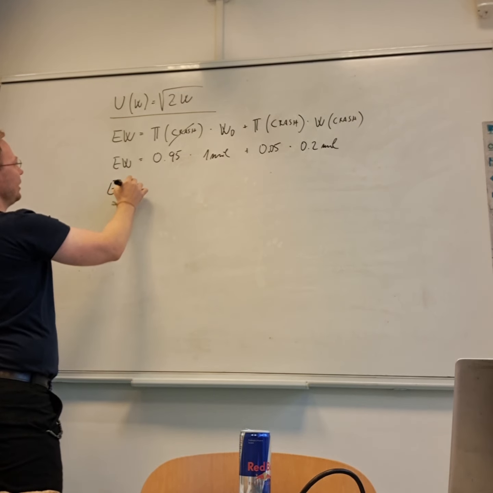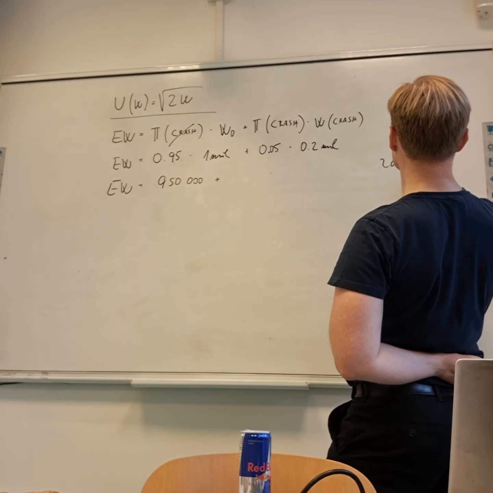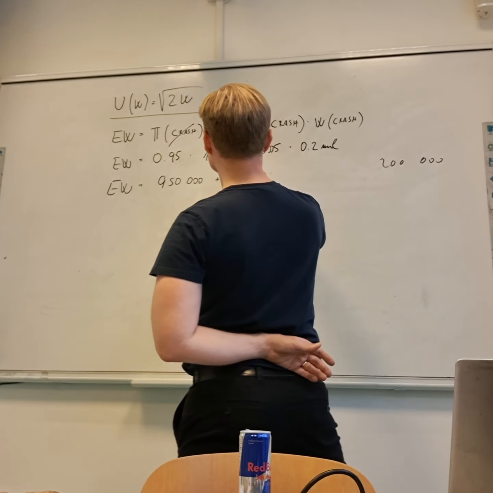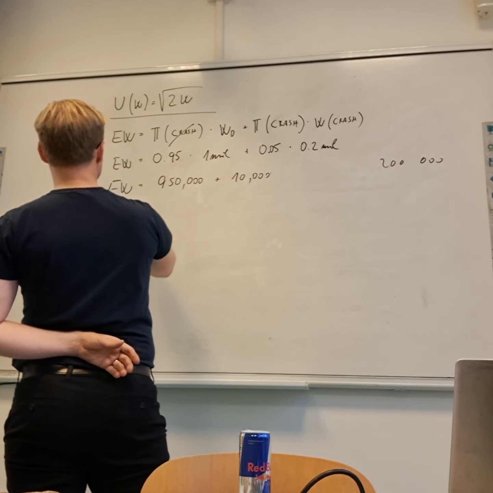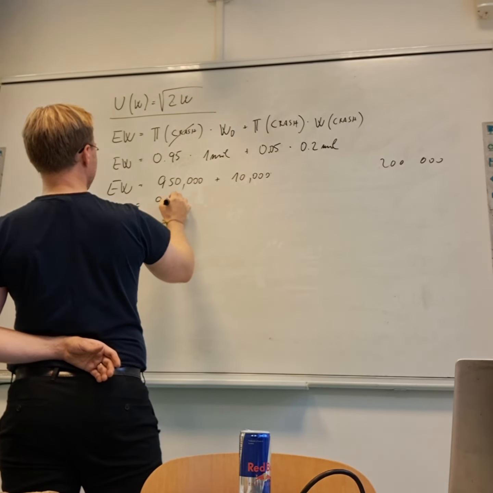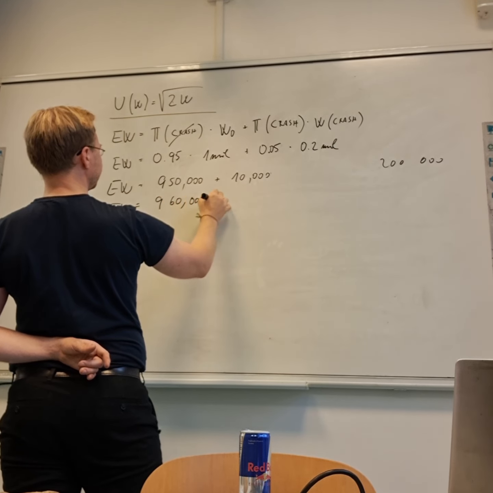Which means it would be 950,000 plus, how much is this please? 200,000 crowns, so 1% of it is 2,000 times 5, so 10,000? Yeah. Okay. So expected wealth will be 960,000 crowns.